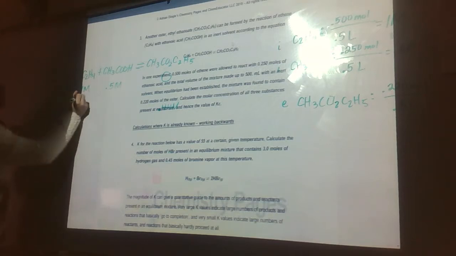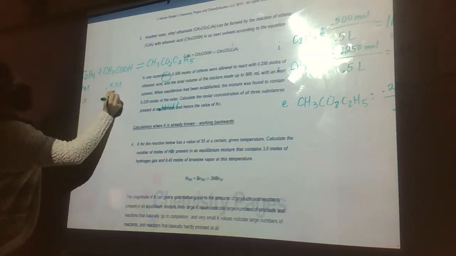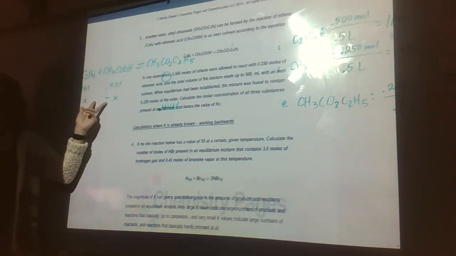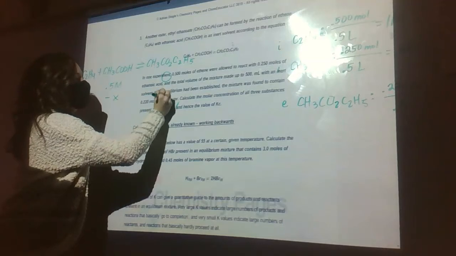I'm going to lose some amount of reactant, X. And it's a 1-to-1 ratio. So if I lose X of this, I lose X of this. And it's a 1-to-1-to-1 ratio. So if I lose X of these, I gain X of that.